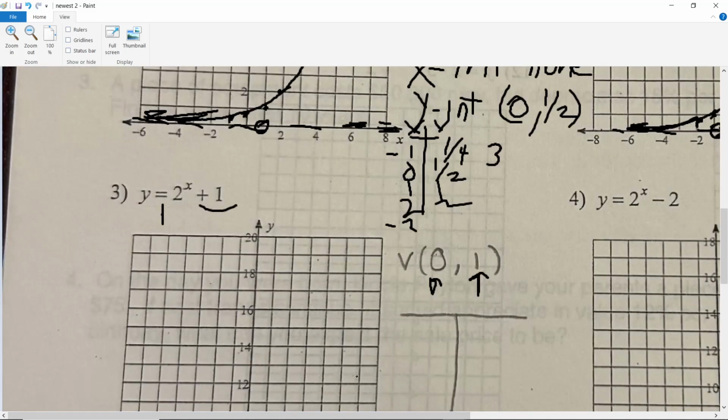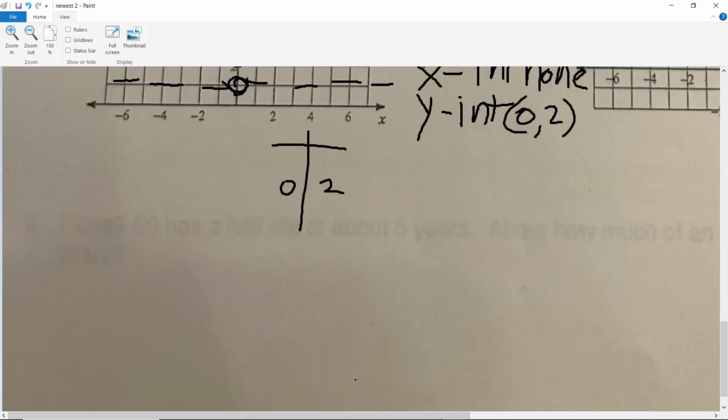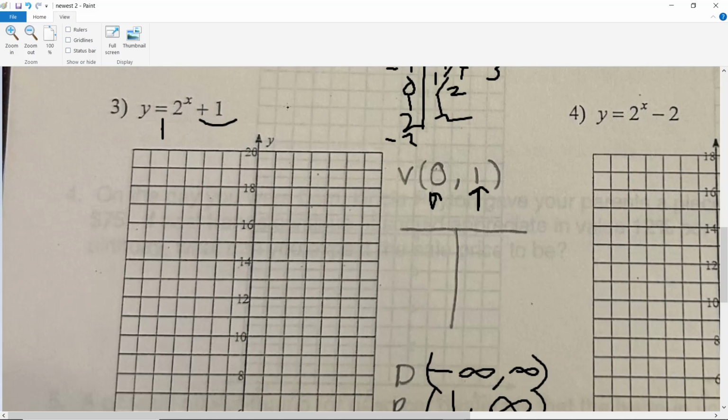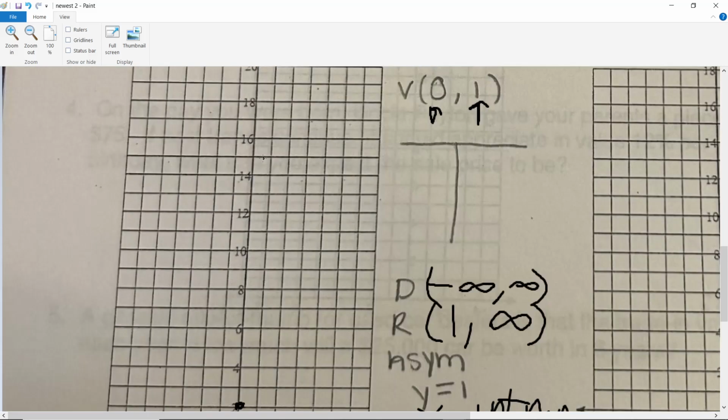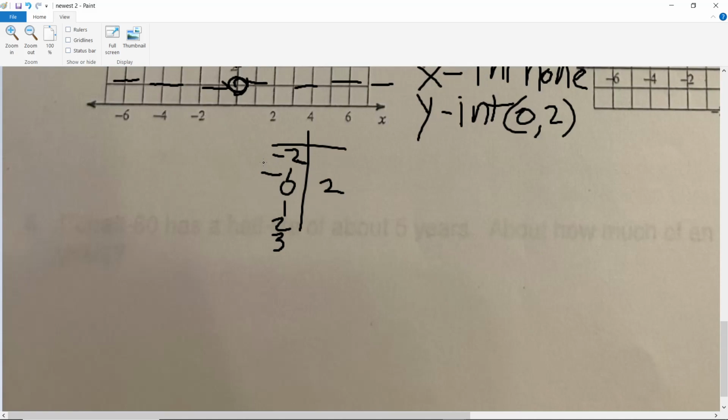And I'll do 1, 2, 3, -1, -2. So let me try -1 first. 2 to the -1 is 1 over 2 to the 1, is 1/2, plus 1 is 1.5.